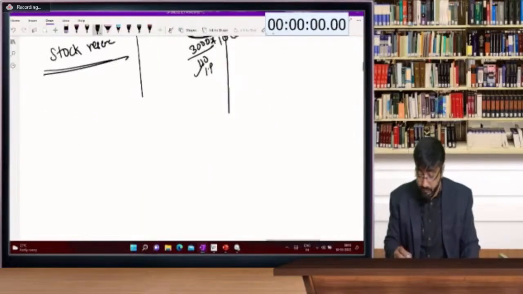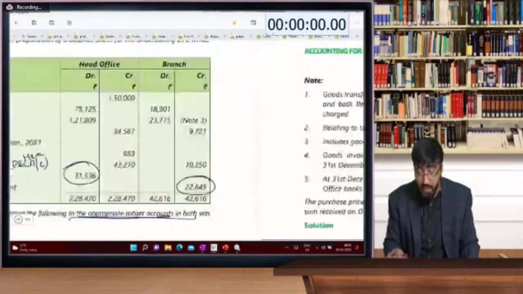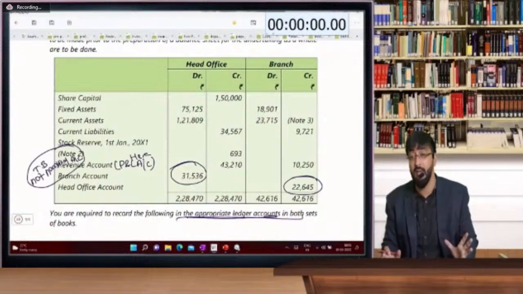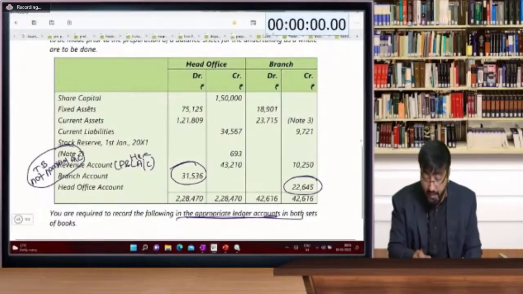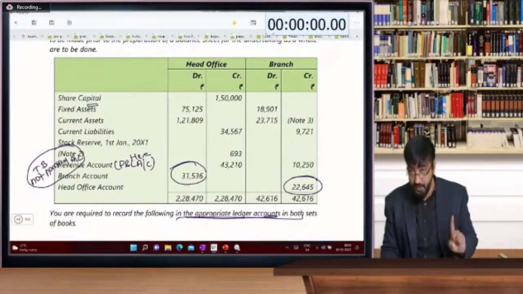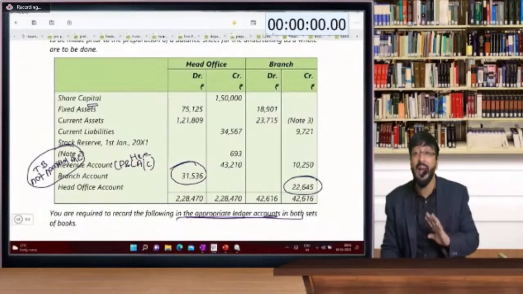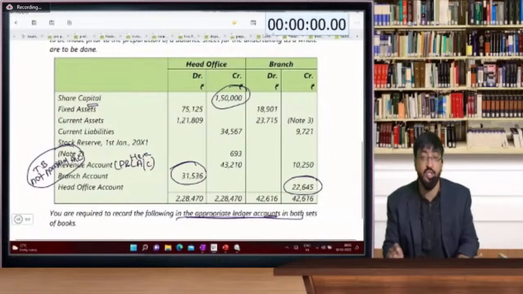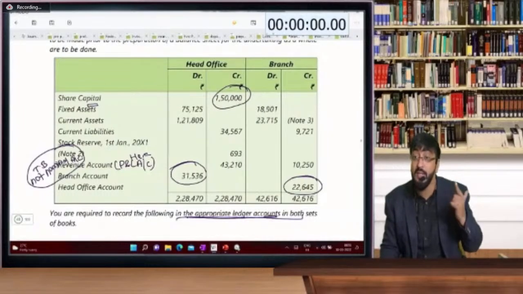Okay. Now see, one by one item, whenever you are reading your trial balance, think how you got this amount. Now share capital. How did you get this amount? Share capital amount you got from the balance sheet. During the year, any shares issued will be added. During the year, any shares bought back will be reduced and you got this ledger. So think logically how this ledger account will look.